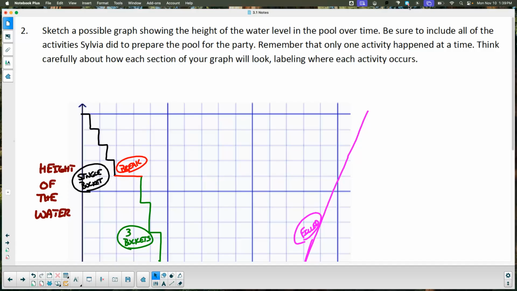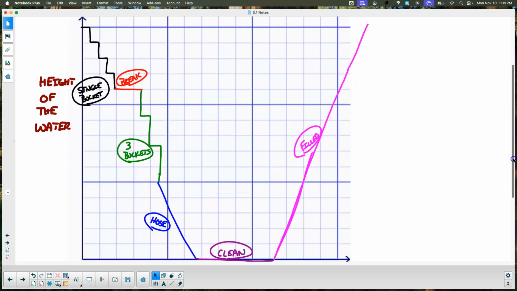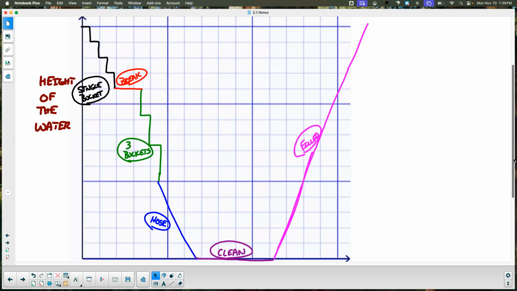Starts with vertical, ends with vertical line test, right? To see if it's a function or not. Okay, so that means we got to run a vertical line across our graph, right? And if it only touches once, it's all good. Function, not a function. It is a function.